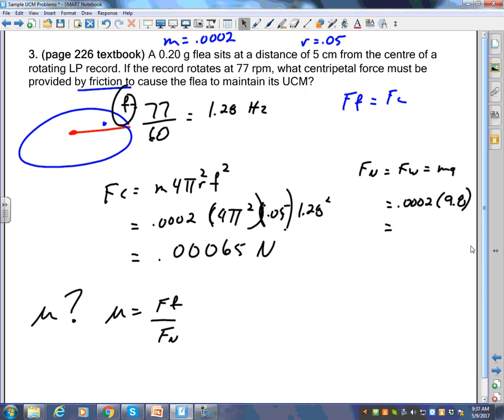All right, so now we've got to take this value and find this Fw value. 0.0002 times 9.8 is going to be 0.00196. And that's going over to here.